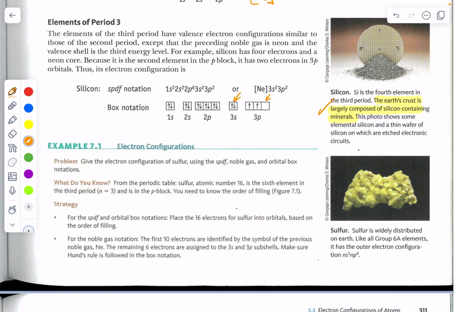For general questions on an AP test, the Earth's crust is largely composed of silicon-containing minerals. In fact, there's an awful lot of aluminosilicates, meaning crystalline structures that make up rocks made out of aluminum and silicon.